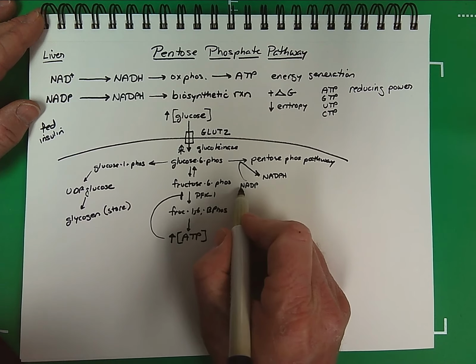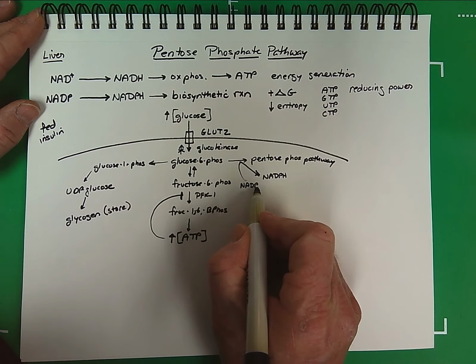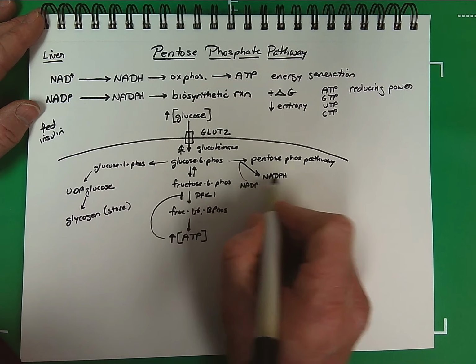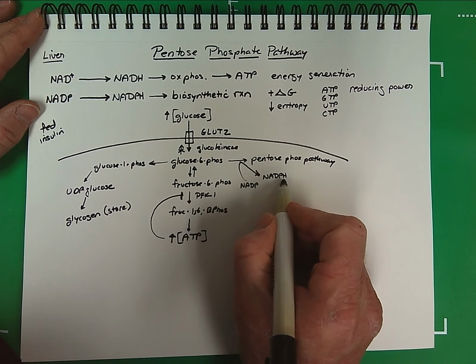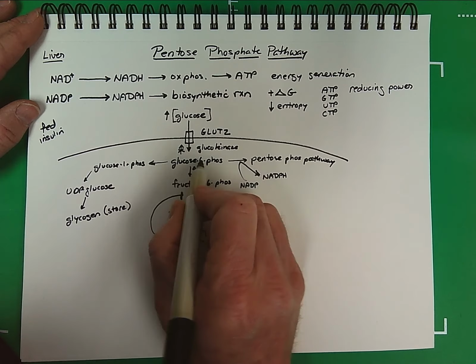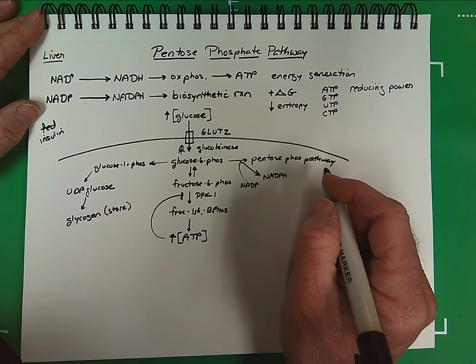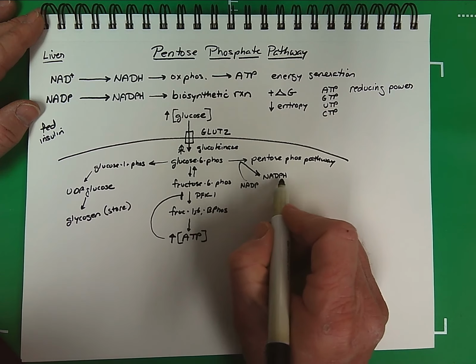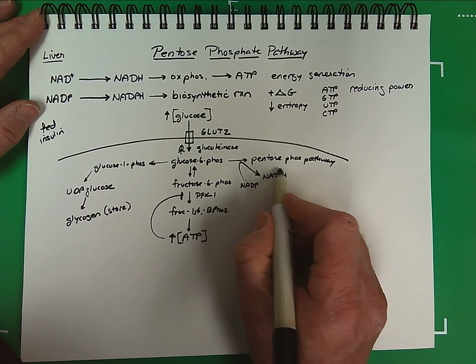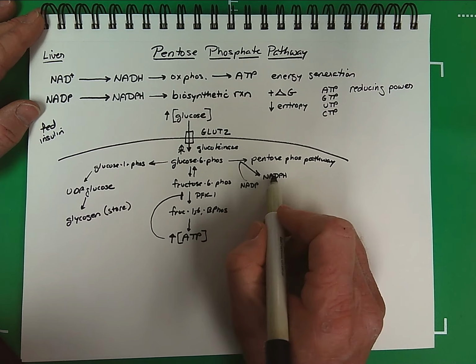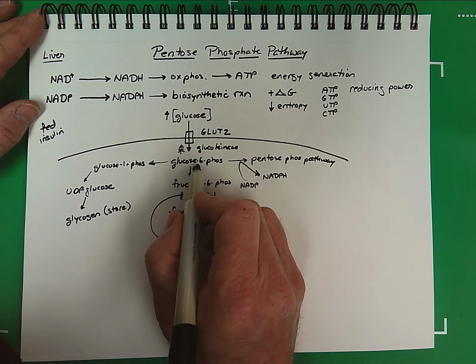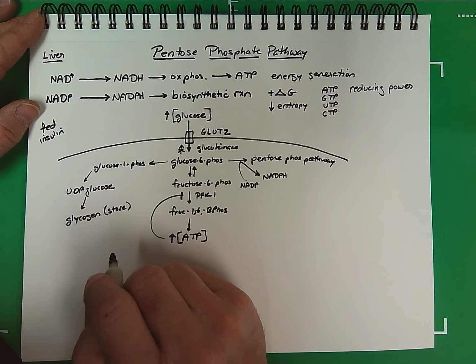So for example, if NADP levels are high, that means that the cell is deprived of reducing power for biosynthetic reactions, and so glucose 6-phosphate will enter the pathway. If NADPH levels are high, so we have plentiful reducing power, that will inhibit the first step and prevent glucose from entering this pathway.